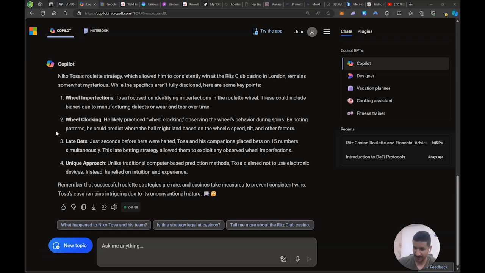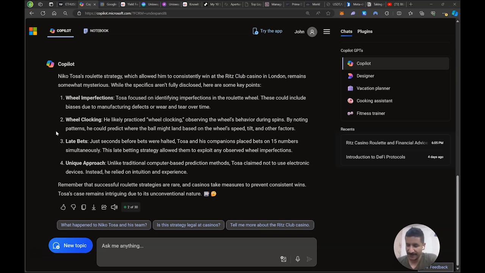How the dealer spun the ball, where the ball was right before where he needed to place his bets. And what he did was he waited until the last possible, I believe, like 10 to 15 seconds before the ball landed. He would place his bets, like mere seconds, probably not even 10 seconds, but he would place his bets on 15 numbers. That's what it was, 15 numbers mere seconds before he could no longer bet, where the dealer's like, okay, no more bets, right?